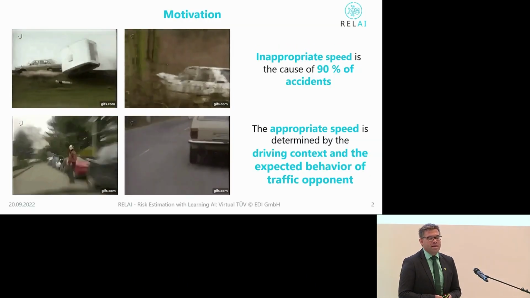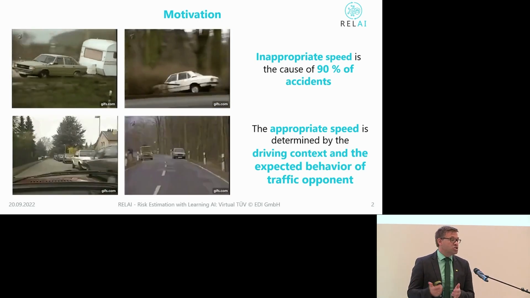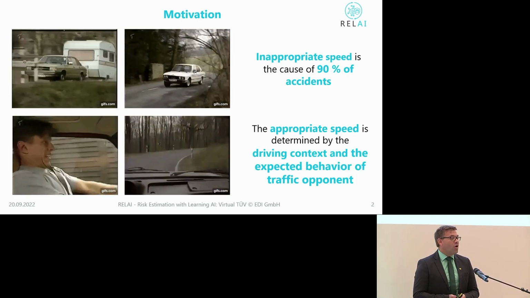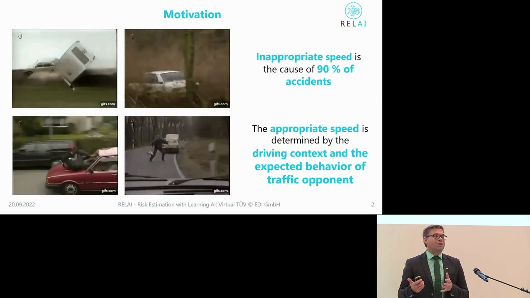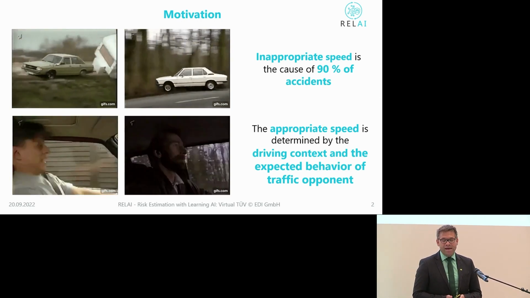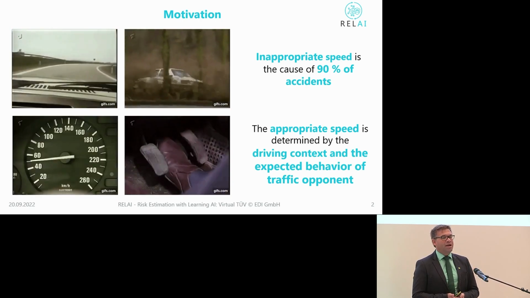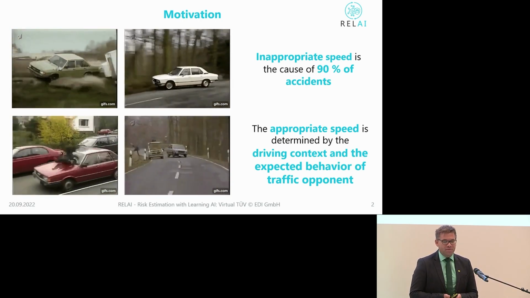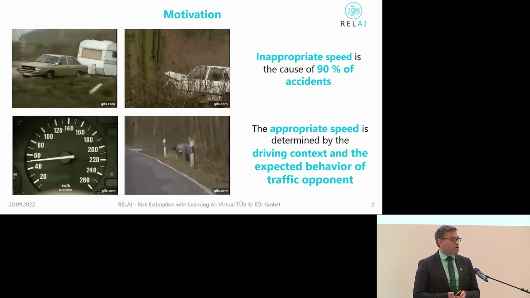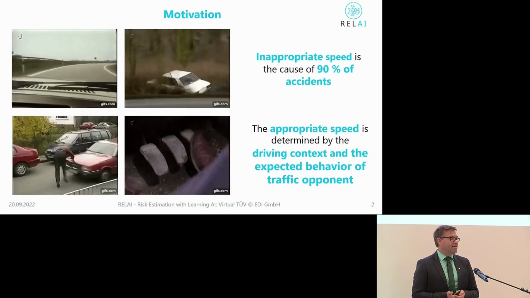Also today we hear a lot about it, but in general, 90% of all accidents happen because we do not have the right speed. And we perhaps do not have the right speed because, on the upper left side, you can see the person estimate the driving situation in the wrong way, which is why he gets kicked off the road.